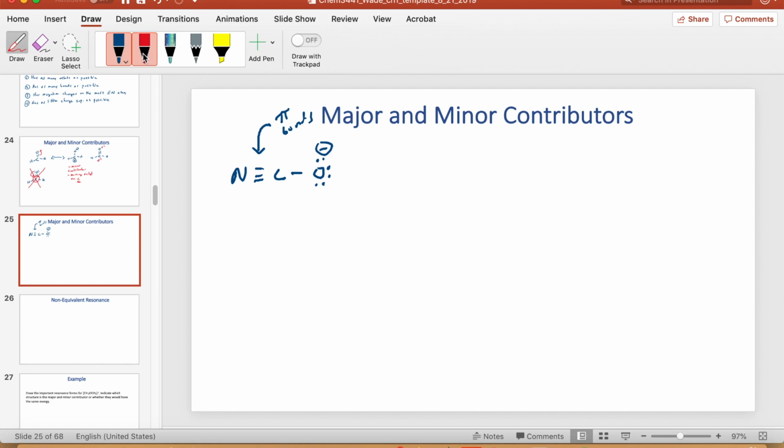What I could do potentially here is take 1 pair of these electrons to give me another bond, which would do this guy over here. But notice that I have 1, 2, 3, 4 bonds already around this carbon, right? So I have to be able to move that. Well, I can, because I can move a pi bond, and I can move the electrons from this bond to the nitrogen.